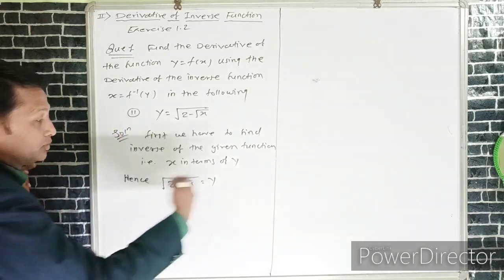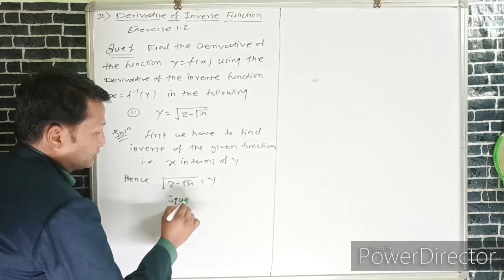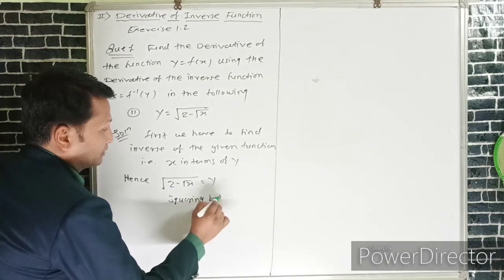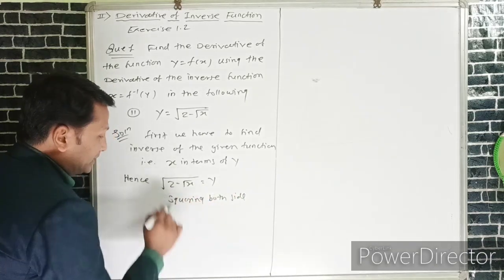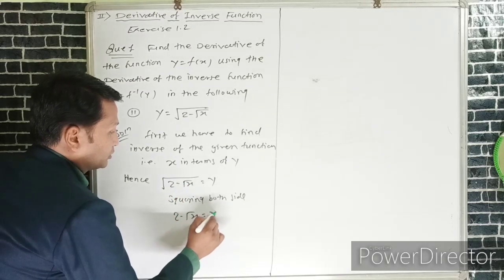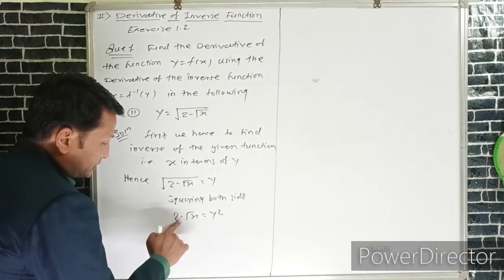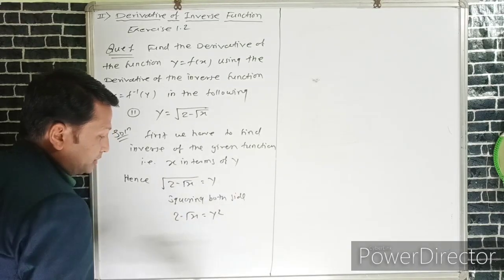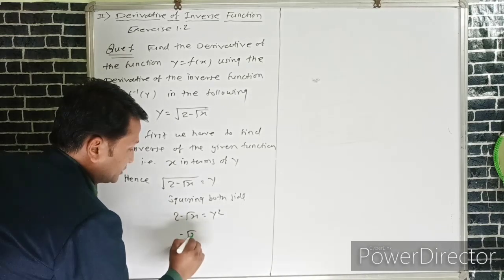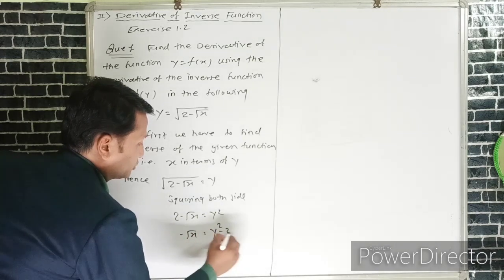If we take the square on both sides, then we can write 2 minus root x is equal to y square. Now, if we shift this 2 to the right side, then we can write minus root x is equal to y square minus 2.